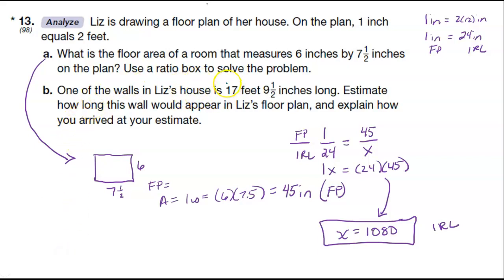One of the walls in Liz's house is 7 feet 9.5 inches long. Estimate how long this wall would be on Liz's floor plan and explain how you arrive. So, let's see, 7 feet 9.5 inches is approximately 18 feet.